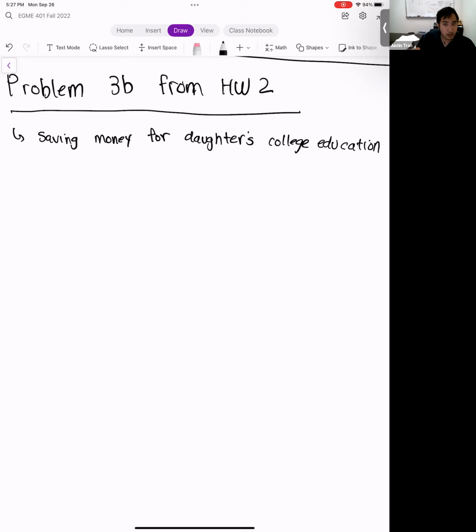And so the cash flow diagram for this is actually going to be really massive because we're talking about from birth all the way until she's 21 years old. Even though this problem doesn't say to do it explicitly, I always think it's really useful to draw the cash flow diagrams, as much of a hassle as it can be. For this one, it's particularly a hassle because we have 21 years.